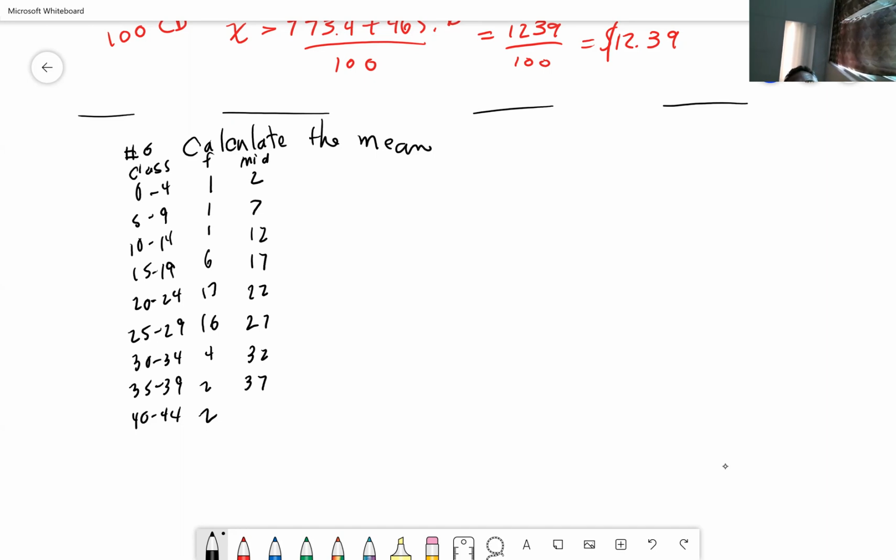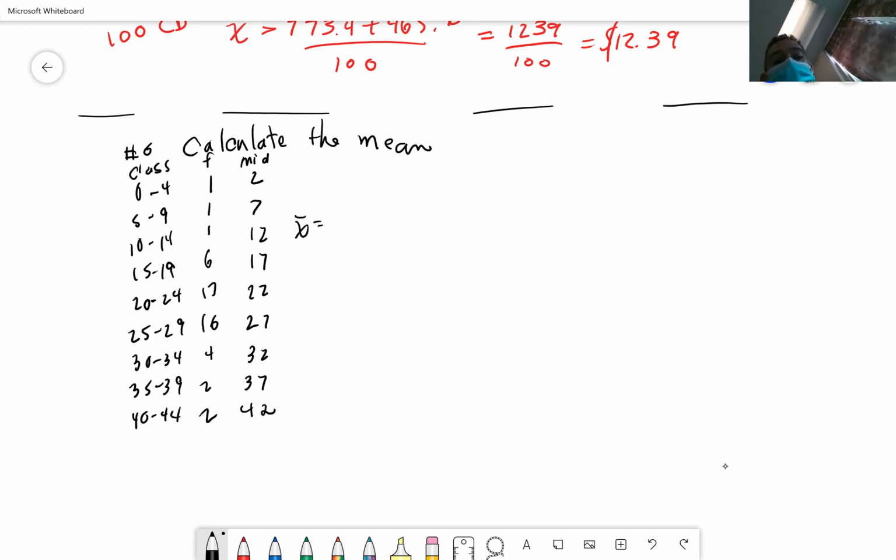The last one is 42, because you're adding 40 plus 44, which is 84, and 84 divided by 2 is 42. Okay, so we're good.